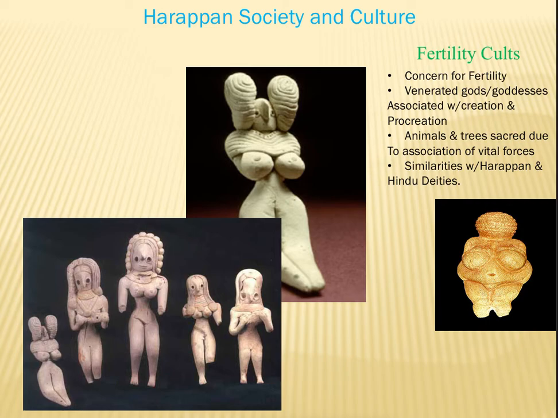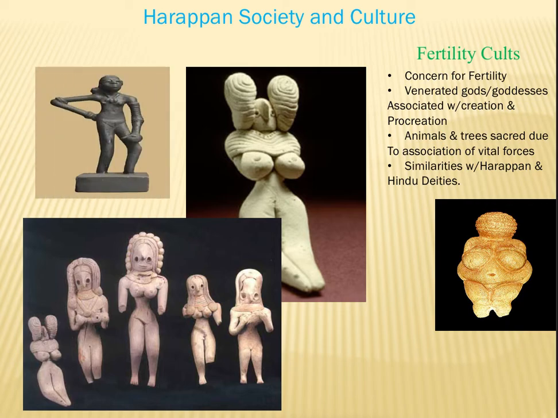Not only that, they also saw the importance of animals and trees that were also sacred to this idea of regeneration and growth and fertility. So that was also important to them as well. And you'll see this idea of fertility cults also transfer into Hinduism, into the Hindu deities later on. So fertility is still very important with the Indus River Valley civilizations.